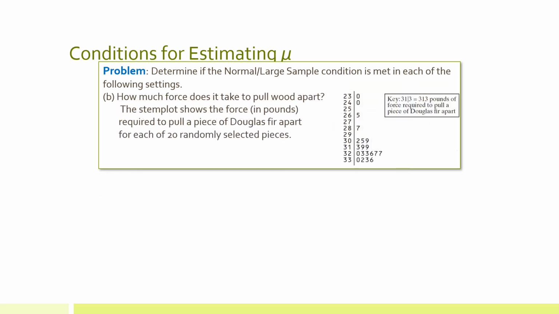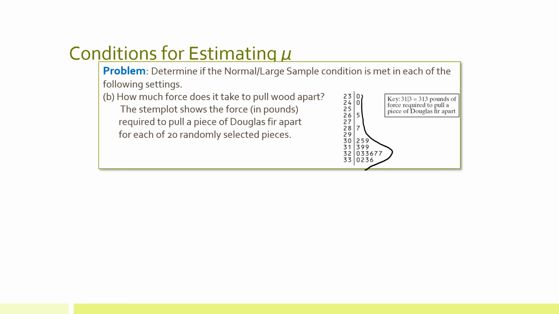Let's try another. How much force does it take to pull wood apart? The stem plot shows the force in pounds required to pull a piece of Doug fir apart for each of the 20 randomly selected pieces. So I can see that 20 is less than 30, so I really need to look at this distribution. With a stem plot, I have to turn it on its side and think about the shape.